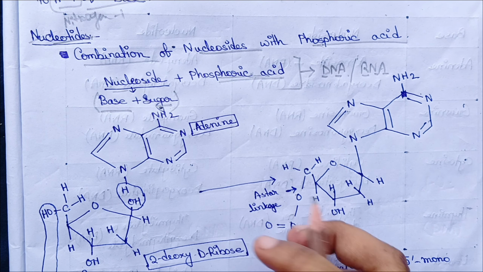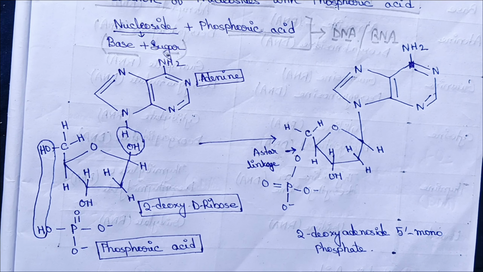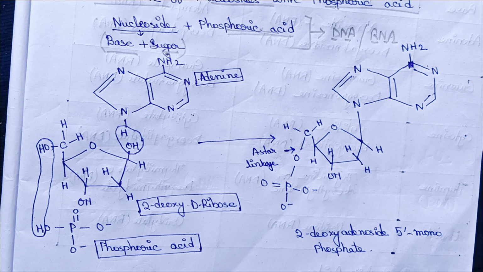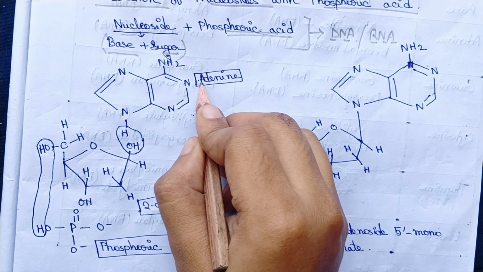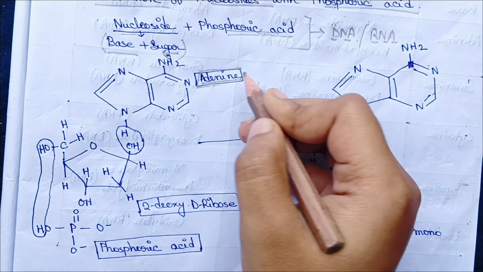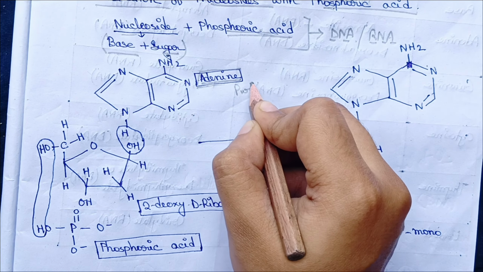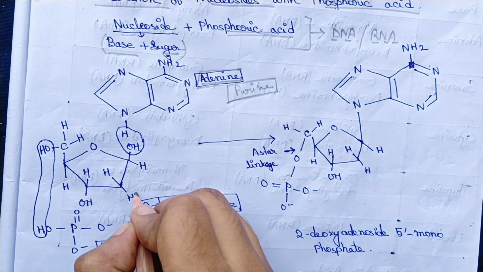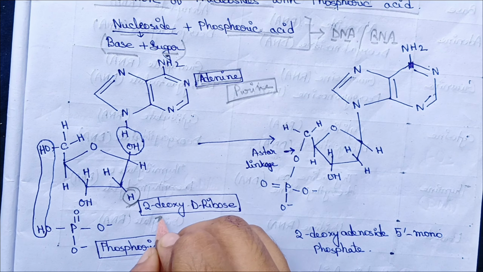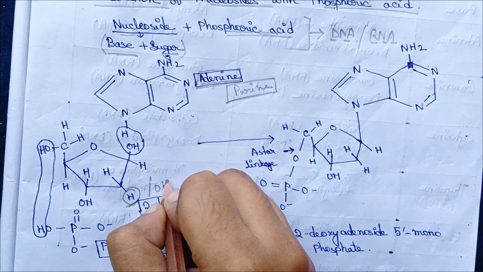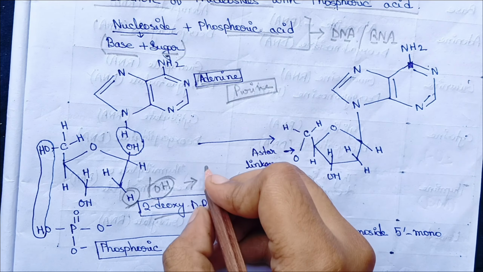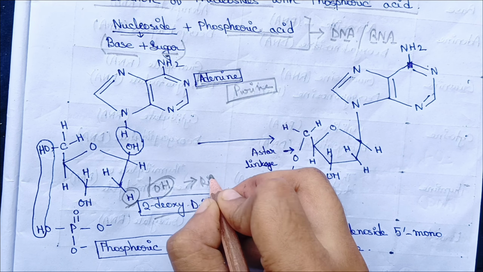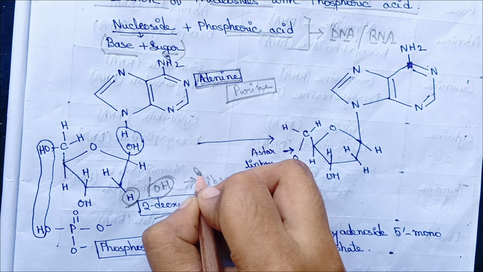So in the nucleotide structure you can see an adenine, a purine base, and a sugar molecule. It is a 2-deoxyribose sugar, or if it has an OH group, it forms ribose sugar, D-ribose sugar.